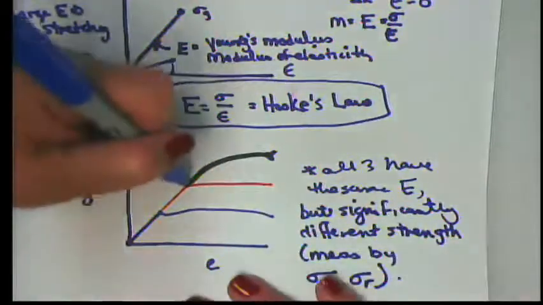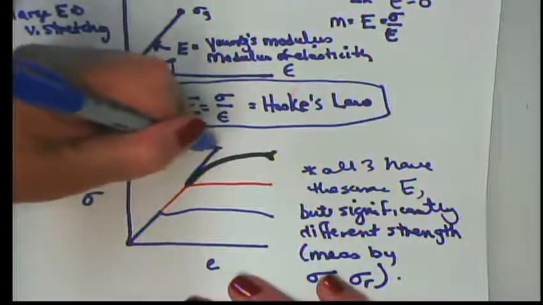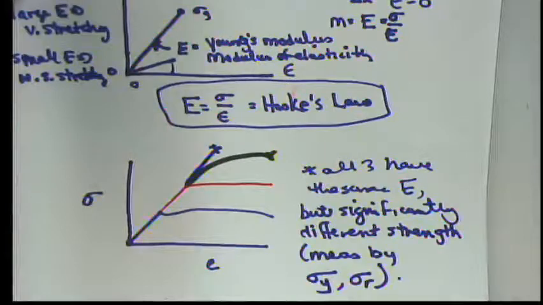We could also have another material that just goes like this and then just breaks. That would be a purely ductile material, or purely brittle material. All right? So E tells you what it tells you.